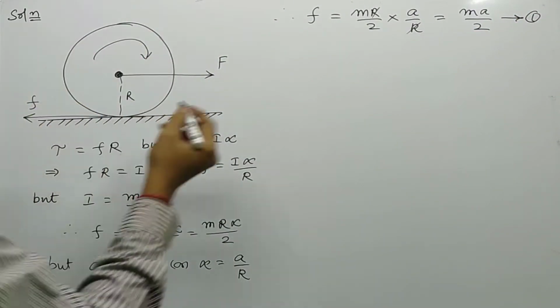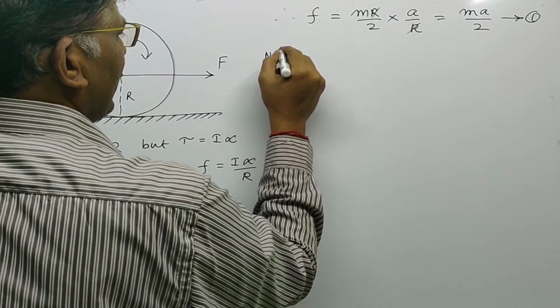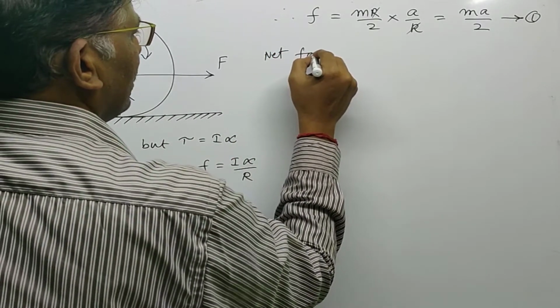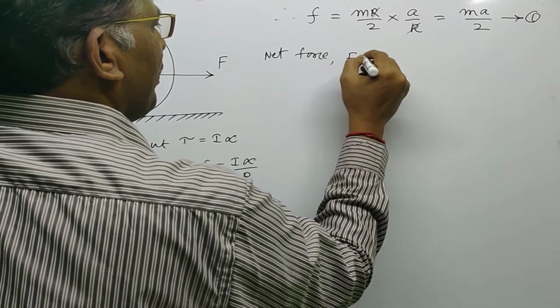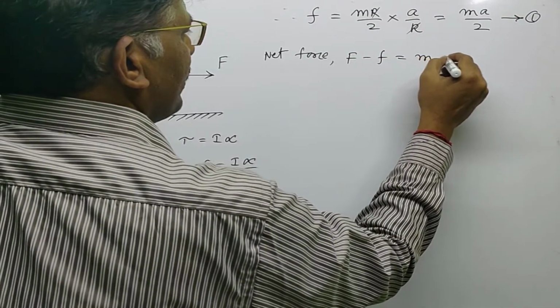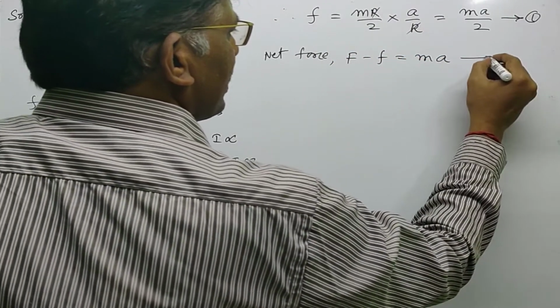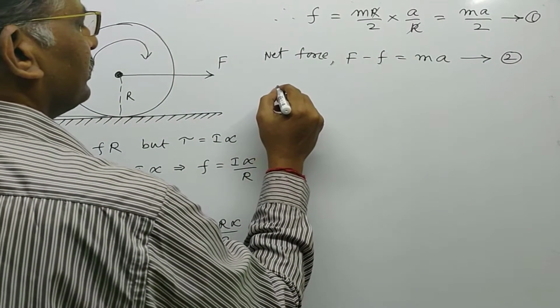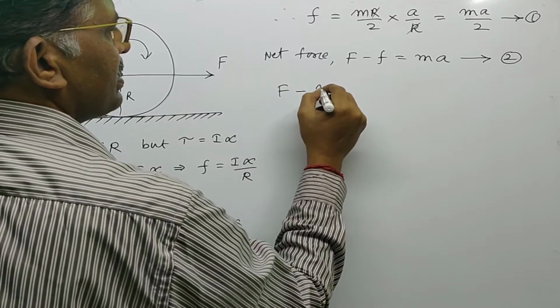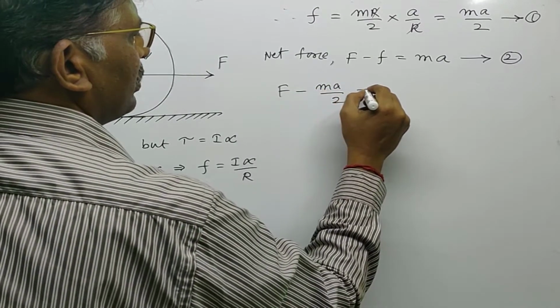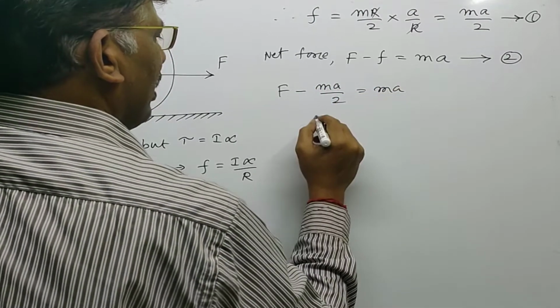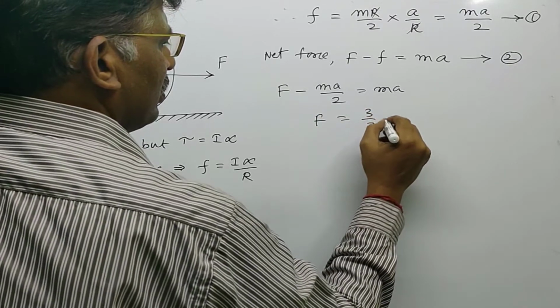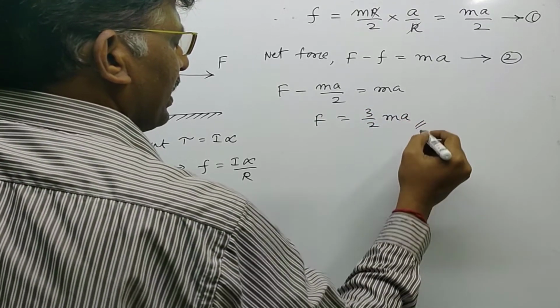And next, net force acting on the roller: F minus small f is equal to m A. Let us call it equation 2. From equations 1 and 2, we can write F minus m A by 2 is equal to m A, or F is equal to 3 by 2 m A.